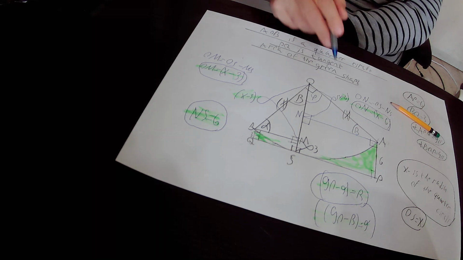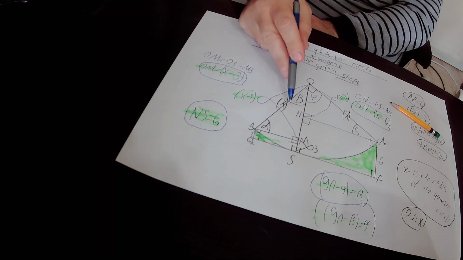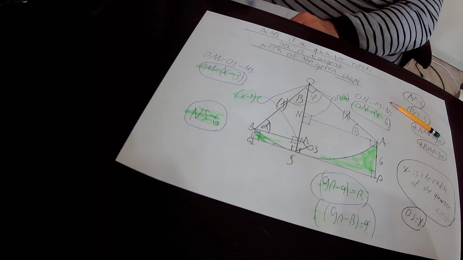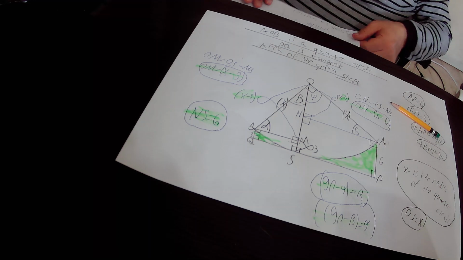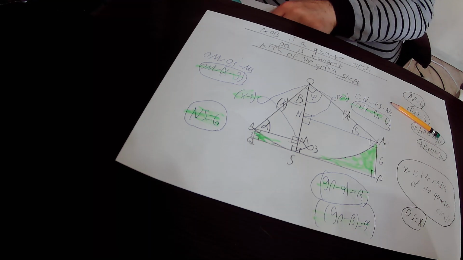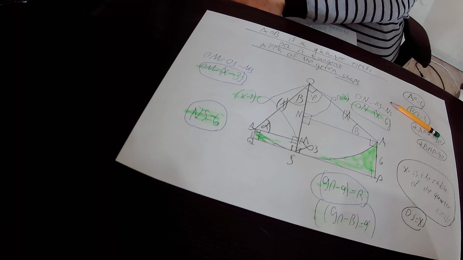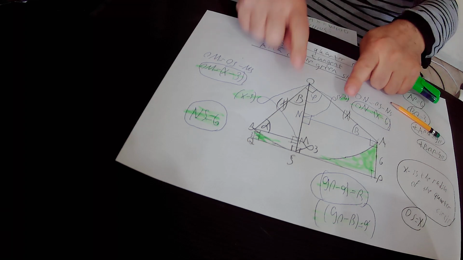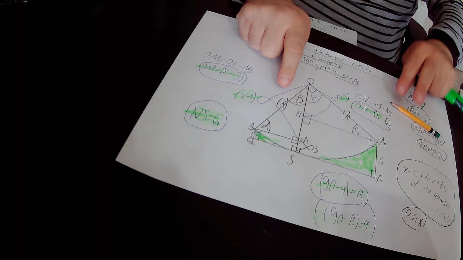And we prove that this right triangle ONA is congruent to this right triangle, triangle OBM. So why can those two right triangles go into each other?